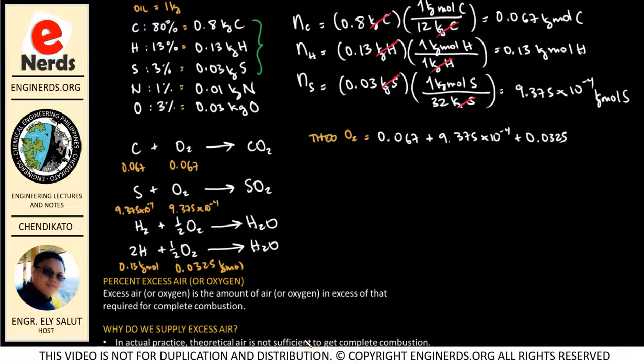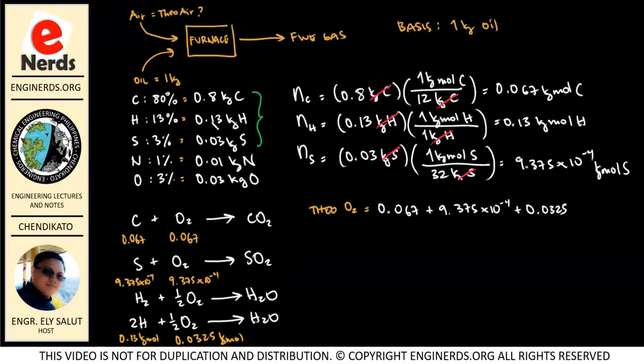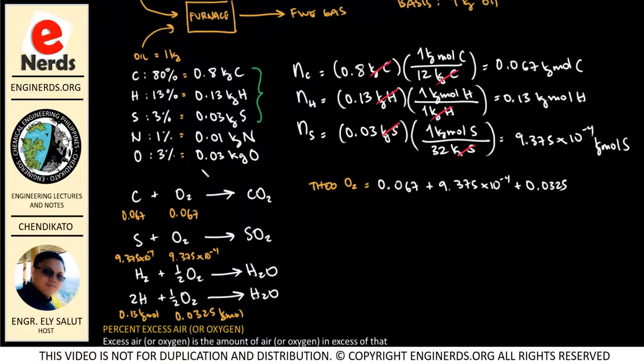However, take note of this: we already have oxygen in our fuel, which is 3% of our fuel. That means not all of this O2 needs to come from the air, since the oxygen is already in the fuel itself. Therefore, we need to subtract it from our theoretical O2. So, what is the oxygen coming from our fuel?